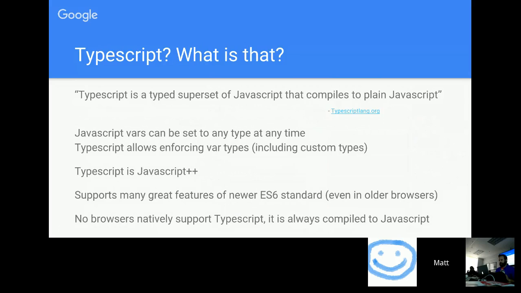Yeah, it's basically a superset of JavaScript. So if you can read JavaScript, you can pretty much read all of TypeScript. It supports a lot of the newer JavaScript ES6, or I guess they're calling it ES 2015 standards, so that you can write in a newer version of the language, and then they have basically wrapper code that lets it run on older versions of browsers that don't support the latest features of JavaScript.